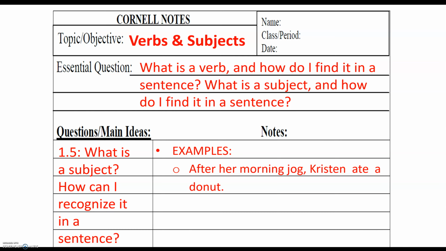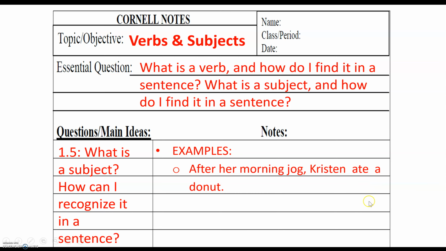The first sentence says, after her morning jog, Kristen ate a donut. I think this is a great example of why you always want to find the verb first, because if I just tried to look for the subject initially, there's a lot of nouns going on here, right? I have jog, Kristen, donut. I don't necessarily know just by looking what that main subject really is.